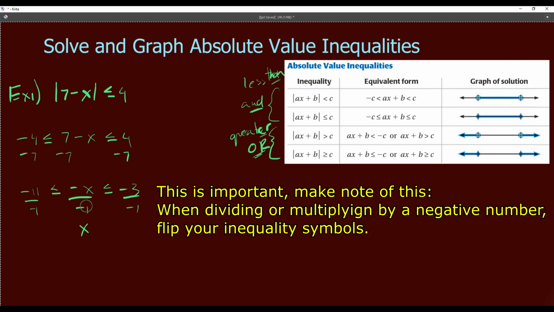But when I divide, remember inequalities, when you divide or multiply by a negative number, you have to flip your inequality. So it becomes like this. Positive 11, and now it's positive 3. So here you see how my inequalities are kind of flipped, so it looks weird. I'm going to have to move it backwards. So 3 is less than or equal to x is less than or equal to 11.